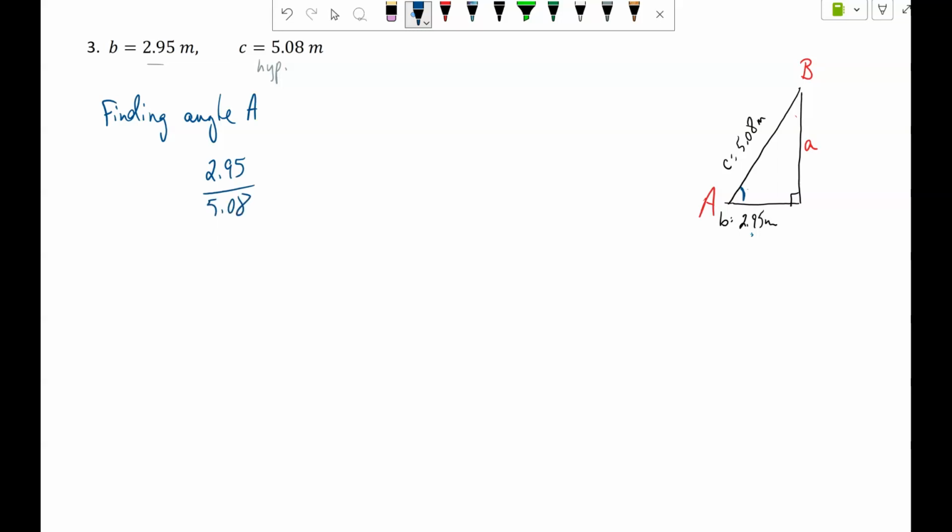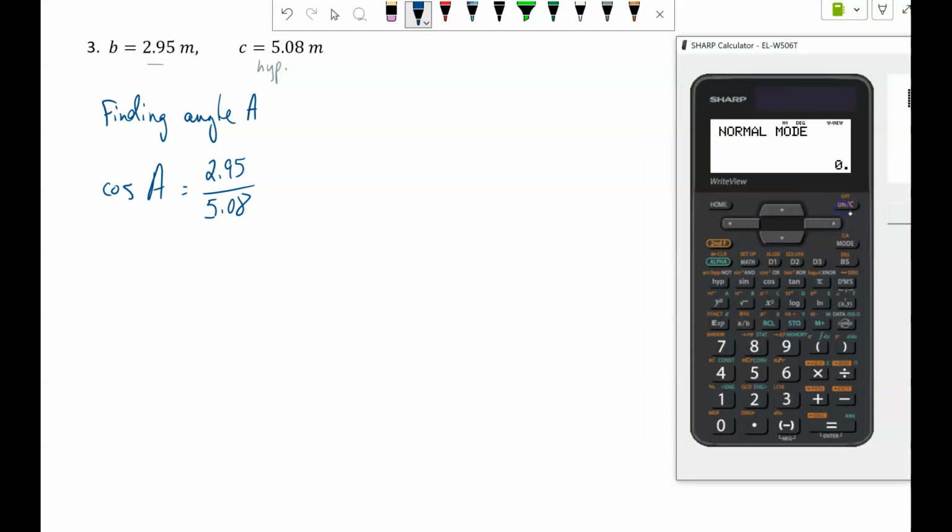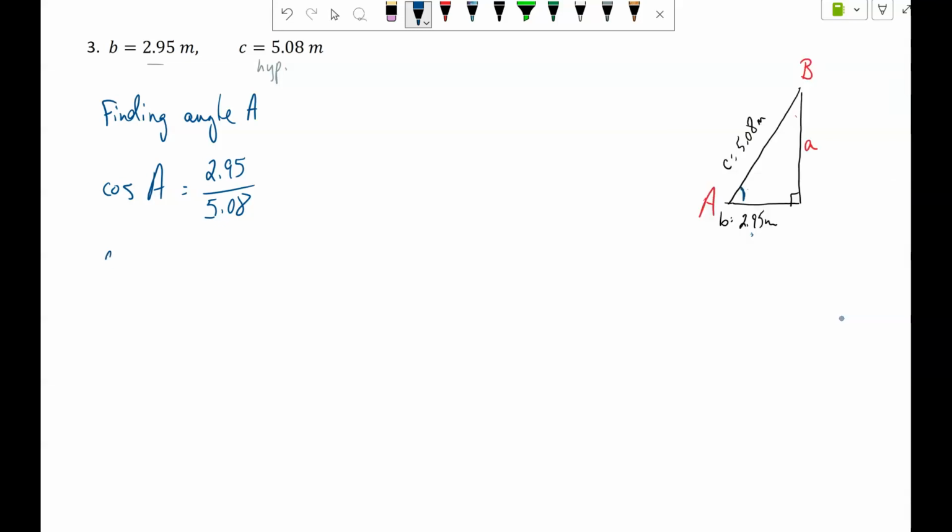Adjacent over hypotenuse is cosine, right? So this will be equal to cosine of A. All right, let's find out what that is when we divide it. 2.95 divided by 5.08. 0.581, let's say, 0.581. So cos A equals 0.581.